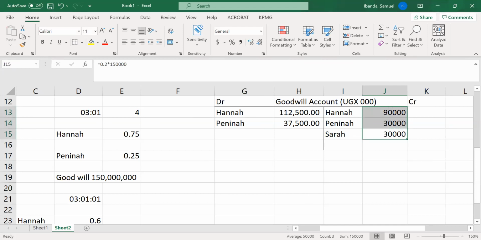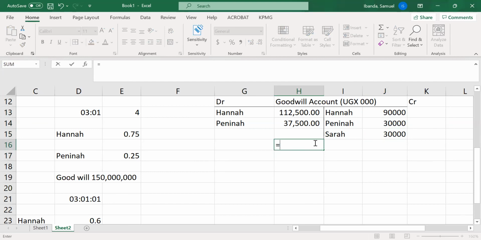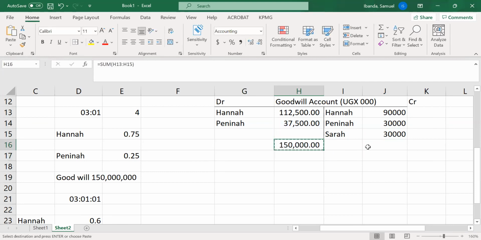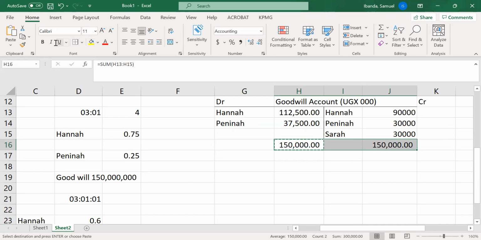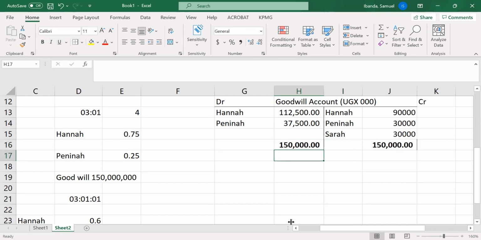You're going to realize that we have the same total, because it's just a presentation of how goodwill will be shared after another partner joins in. So that is what we basically have here, and this is basically what the examiner expected of you.